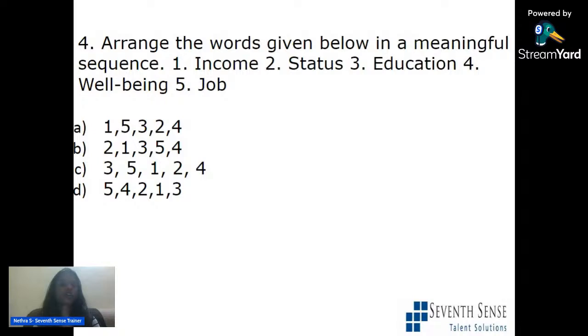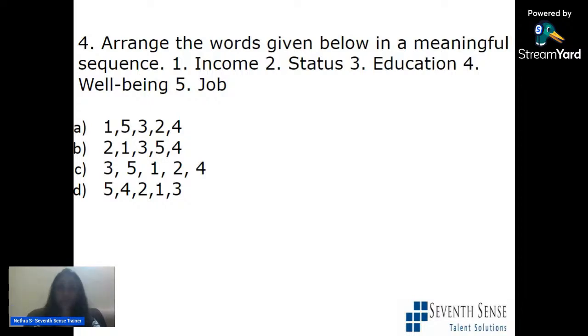So option is 54213. That means job followed by well-being, followed by status, followed by income, followed by education. So as of my knowledge, education is the first one, right? So option A, first is income, followed by job, followed by education, followed by status, followed by well-being. It is also not giving any kind of satisfactory answer, right?